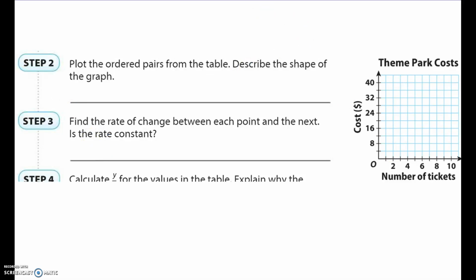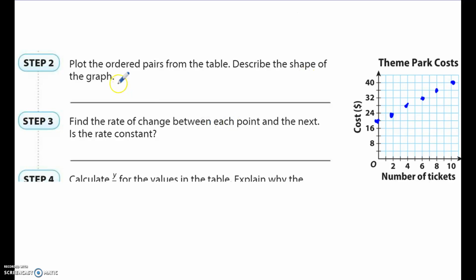If we were going to plot these ordered pairs, we're thinking that this is going to form a straight line. Let's see. So 0, 20, we go over 0, we go up 20. 2, 24, we go over 2, we go up 24. 4, 28, we go over 4, we go up 28. 6, 32, we go over 6, up 32. 8, 36, and we can even do 10, 40.